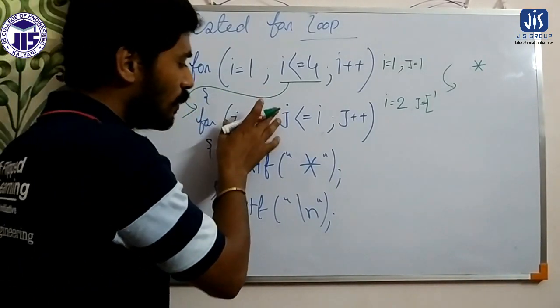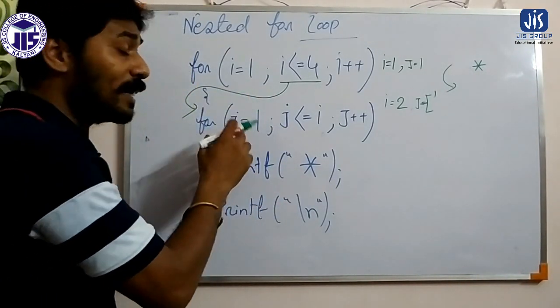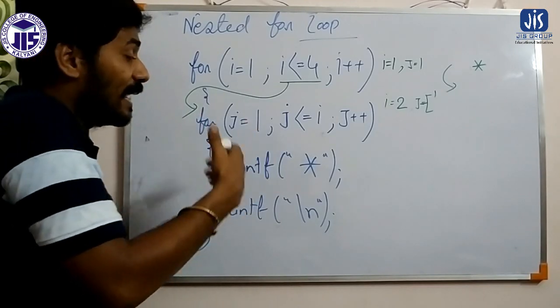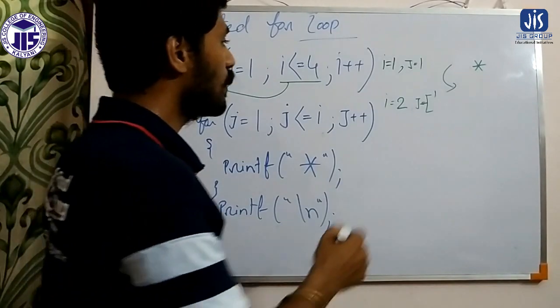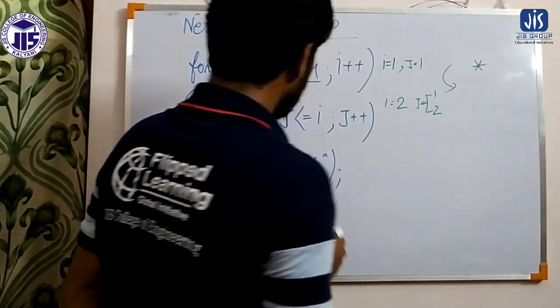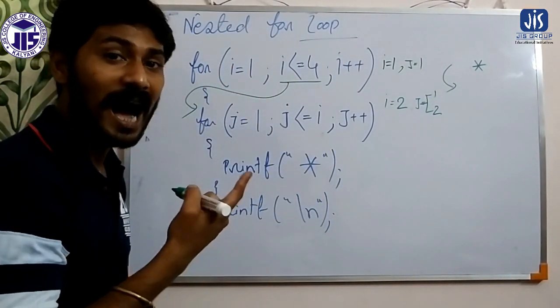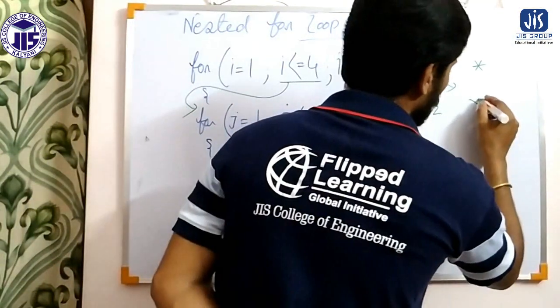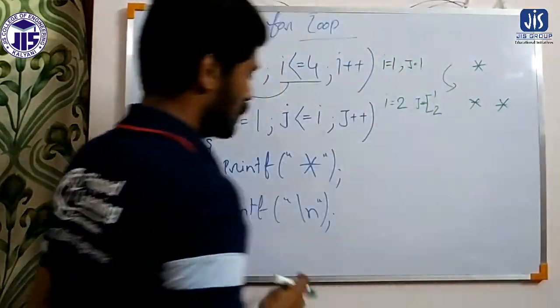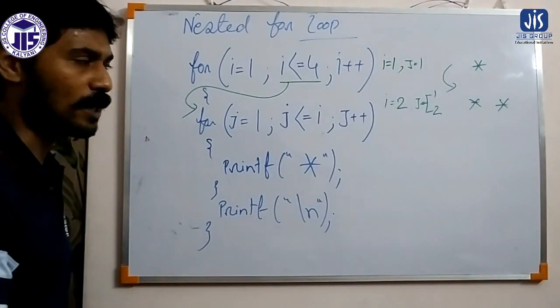For i equals to 1 we have executed the loop. For i equals to 2 we are newly executing again. So the value of j goes from 1 up to 2 because j less than equals to i. So 1 and 2. So it will print 2 asterisks as this printf statement will execute 2 times.